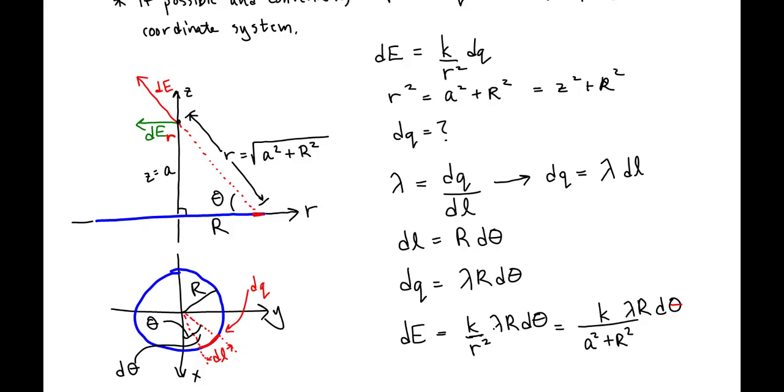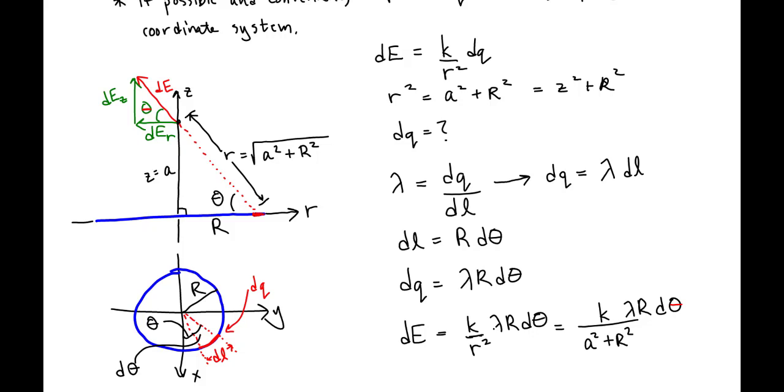And we have a vertical component of the electric field parallel to the z-axis. I'll call that dEz. Now, from alternate interior angles, I know that this angle right here is also an angle theta. So the electric field being a vector, and since we have to sum over all of the infinitesimally small electric field contributions, we're going to have to take into account the components of this electric field, the Z component and the R component.